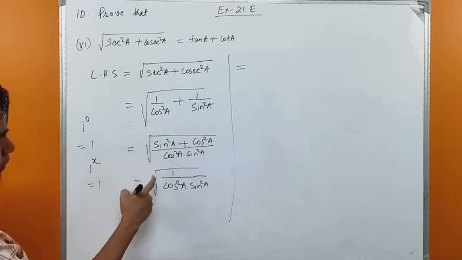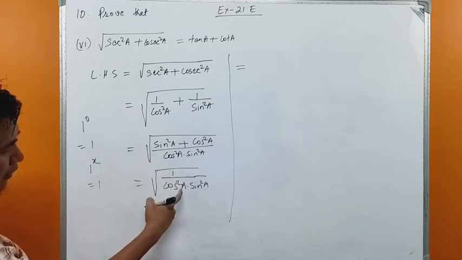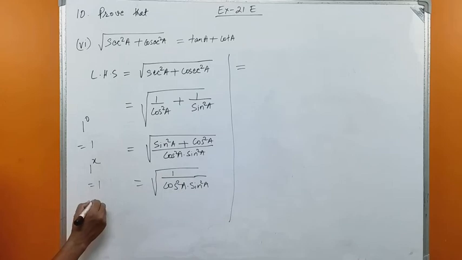So root under 1 means 1, and the root applies to both the numerator and the denominator.